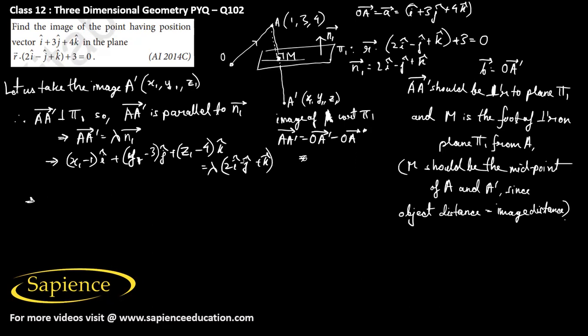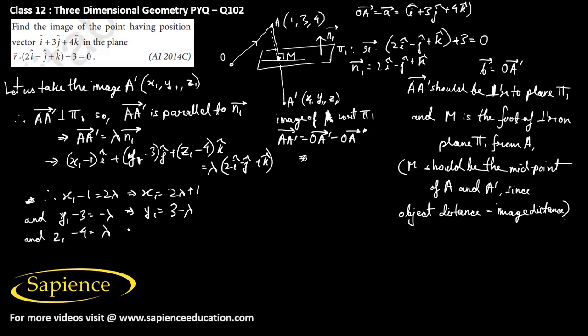Okay. So if we compare both sides, we get x1 minus 1 equal to 2 lambda, which means x1 equals 2 lambda plus 1, and y1 minus 3 equal to minus lambda, so y1 equals 3 minus lambda, and z1 minus 4 equal to lambda.